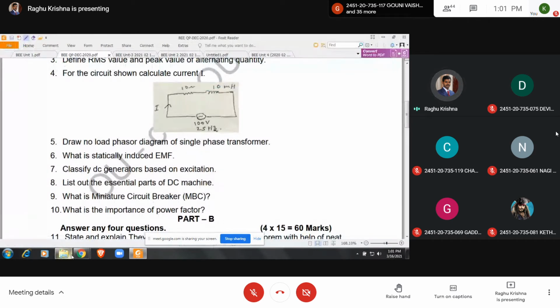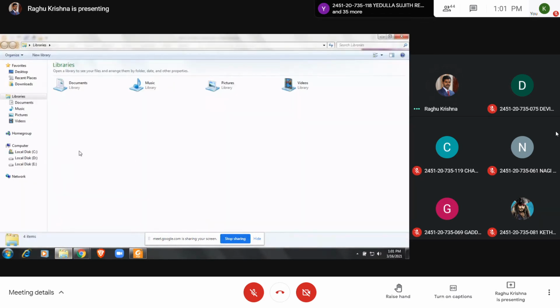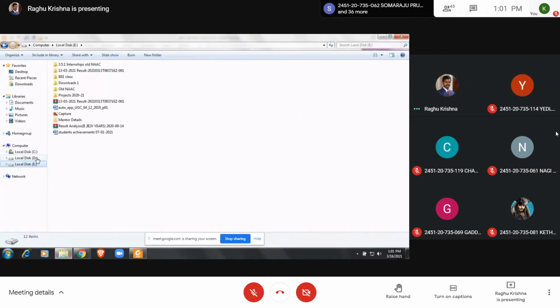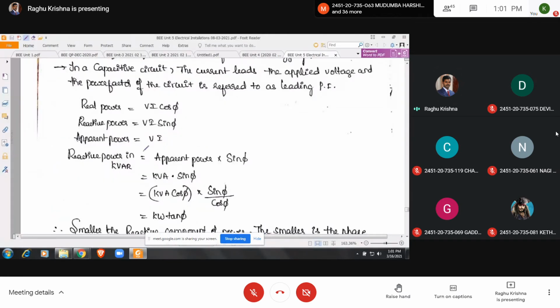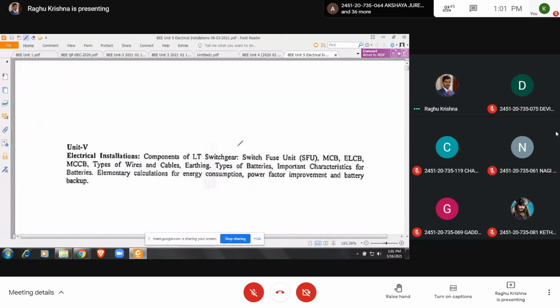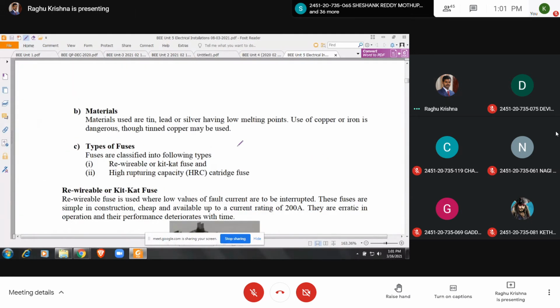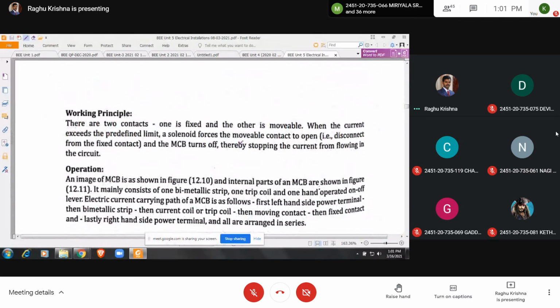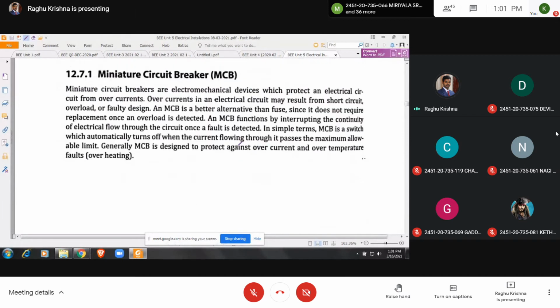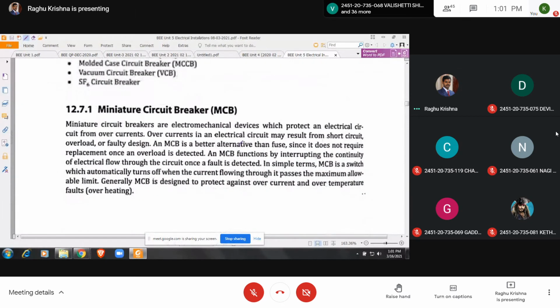Oh, so already it is given. So here you can write these points. You can search points from this.